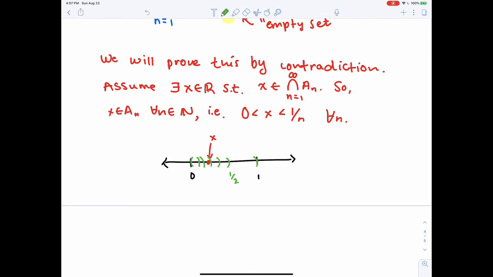So to say that x isn't in the intersection, we need to find a value of n that corresponds to x, such that you hand me a value of x, and I can hand you back the index that tells me the set whose right endpoint has moved to the left of x so that x is excluded.